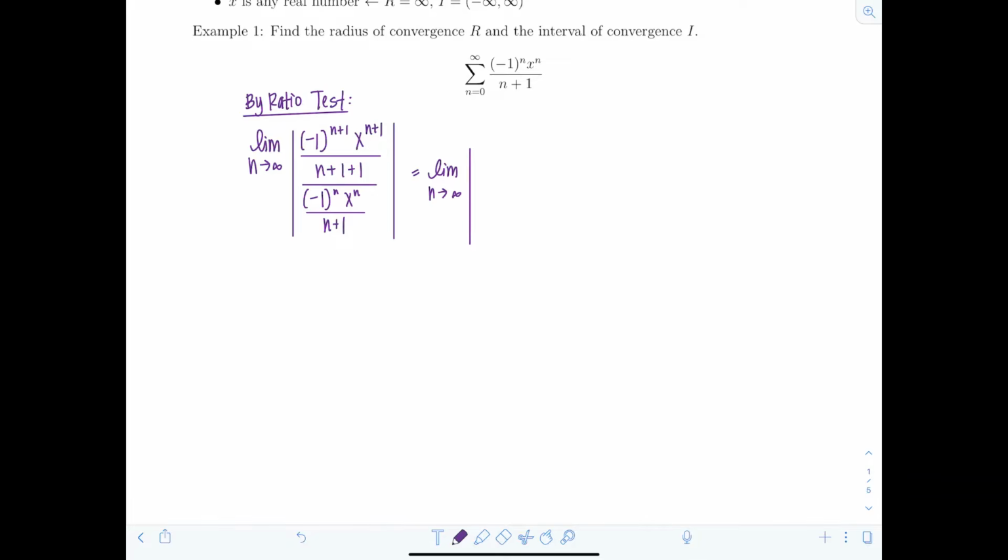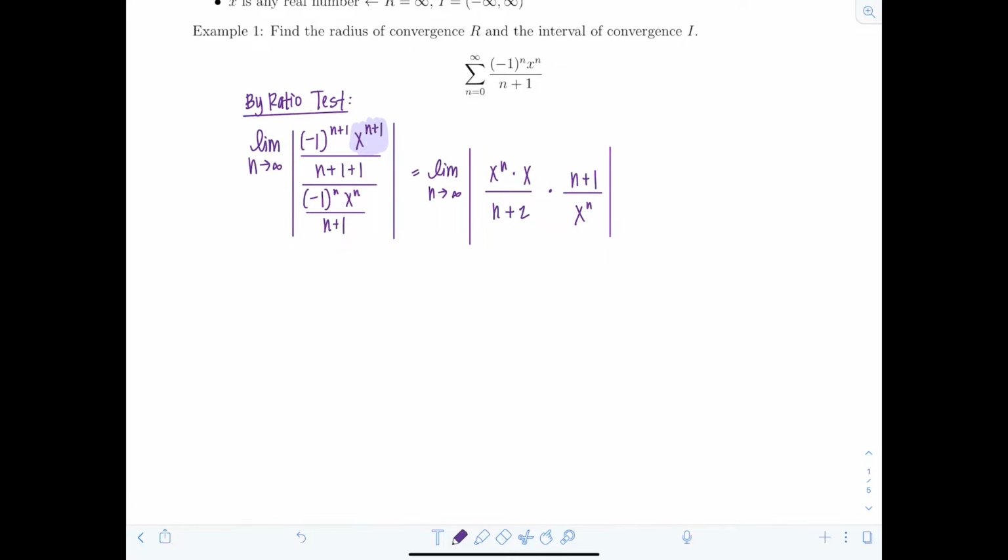Now I still need absolute value because remember, x can be any real number. So I know n isn't going to be negative, but I need to keep the absolute value around x. I'm going to split up x to the n plus 1 into x to the n times x to the first, over n plus 2, times, and then now in the numerator, I'm going to have n plus 1, and then just x to the n in the denominator here.